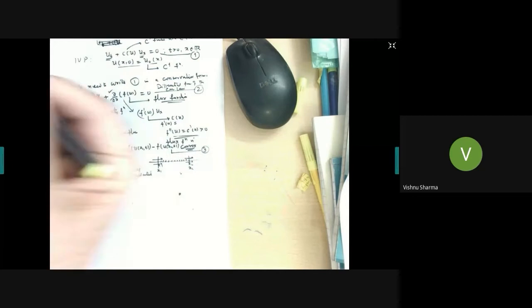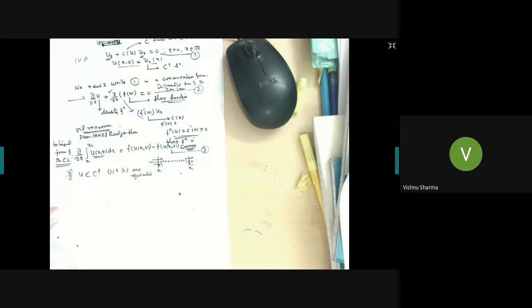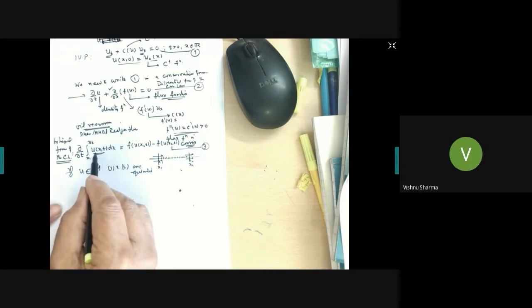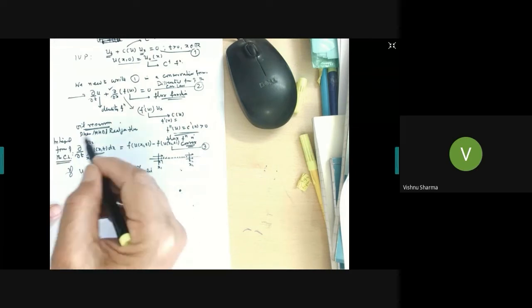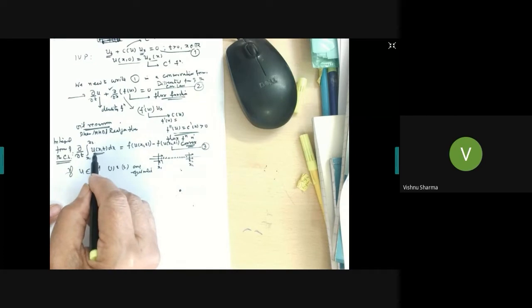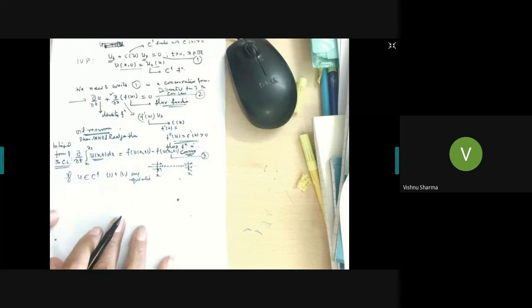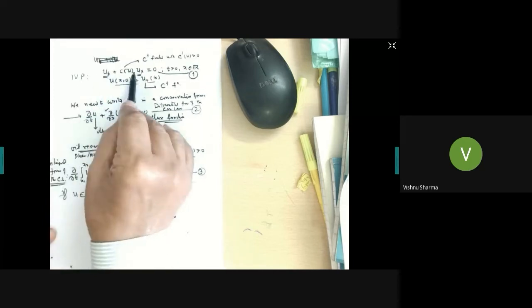But this integral form makes sense even for discontinuous functions. We know that even if u and its derivatives are discontinuous, with a finite jump discontinuity, this integral exists. Is that right? So that's why, as I said in the beginning, here this breaks down after a finite time.